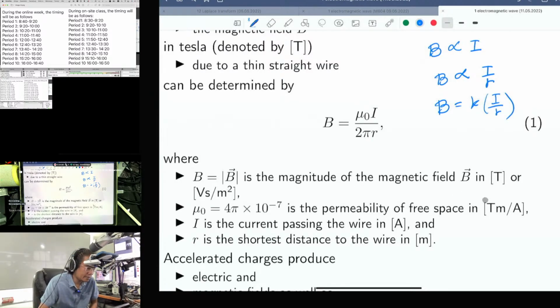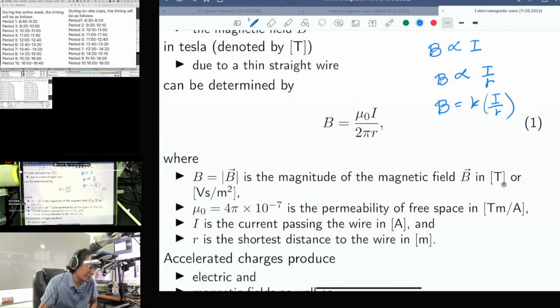Okay, and it's not convenient to say volt second per square meter all the time. The guy who did something about the magnetic field and is well known in the physics society is Tesla.